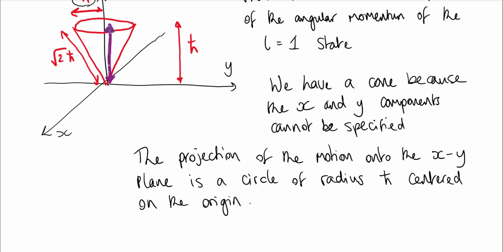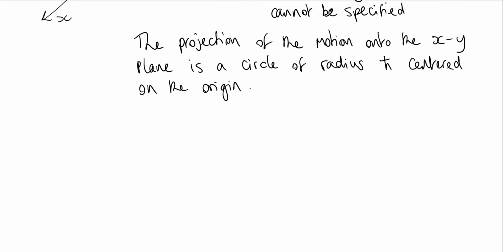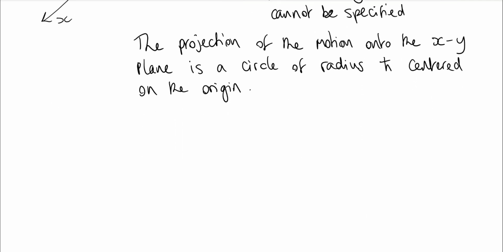The last part of this particular section that I want to go through for chapter 6 will answer the following question. Can we specify L sub x and L sub y?